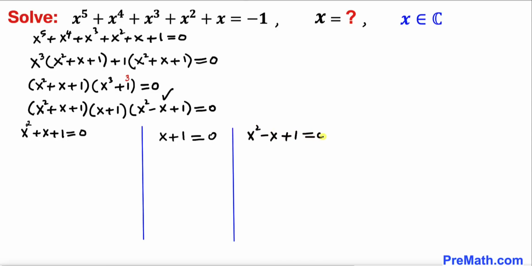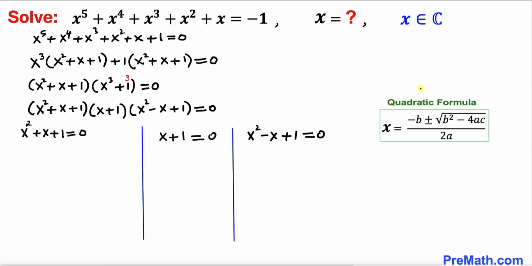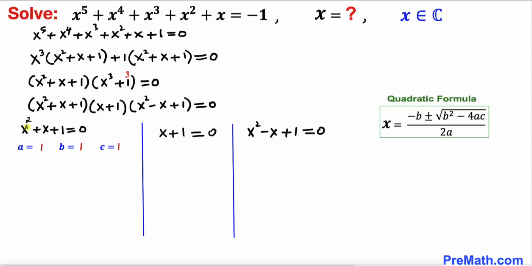Now let's recall the quadratic formula. We are going to apply it to the very first quadratic equation, where in our case a is 1, b is 1, and c is 1 as well.